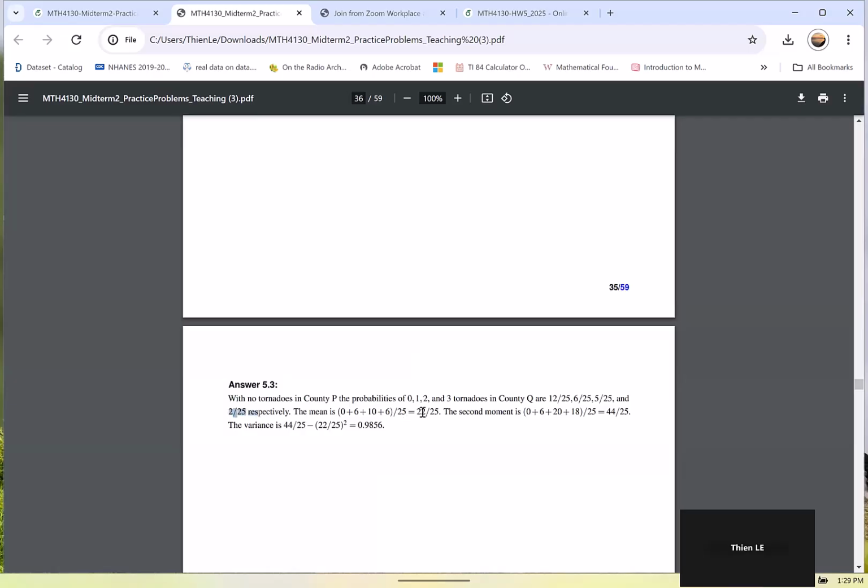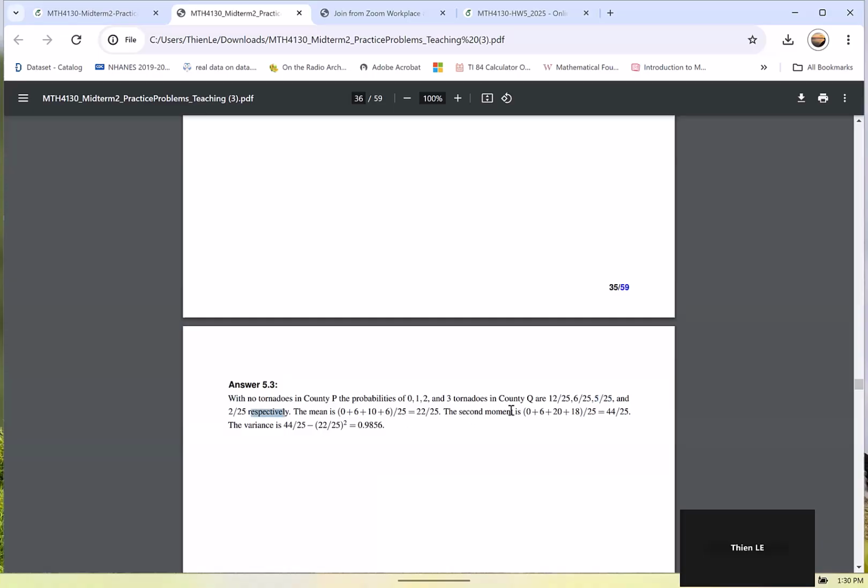So it gives you this much. It's the definition of the mean, sum of Xi times Pi, where the probabilities are P0, P1, P2, P3 and Xi will be 0, 1, 2, 3. And you can also find the second moment easily: 0 squared plus 1 squared, 2 squared, 3 squared, right?